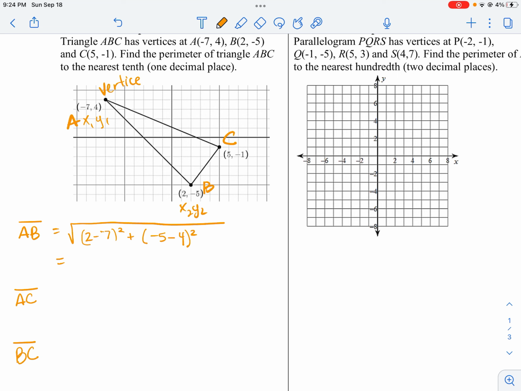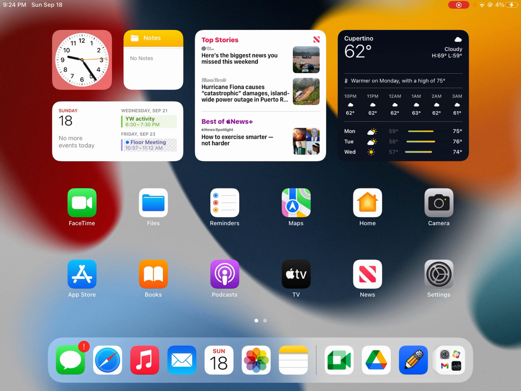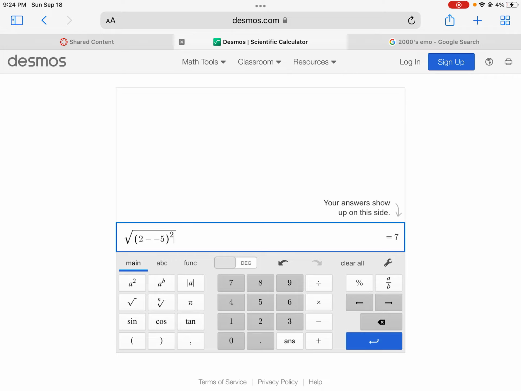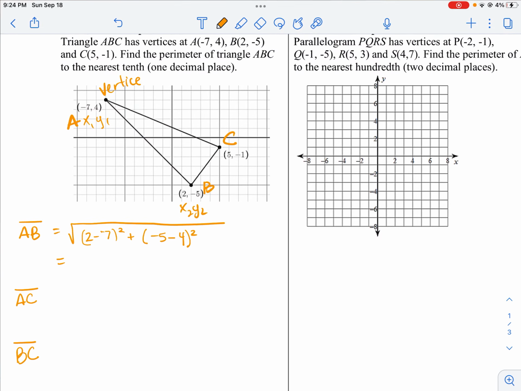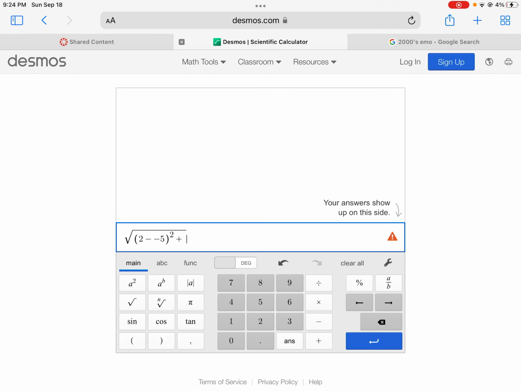And then we can go to Desmos. So we do square root, parenthesis, 2 minus negative 7 squared plus, let's go back and look at the number again, negative 5 minus 4. And this is a 7, not a 5.